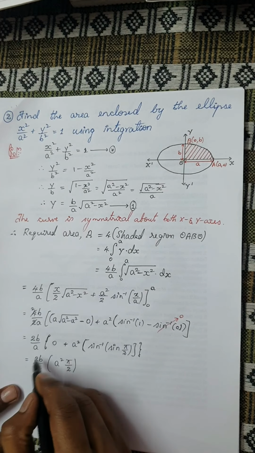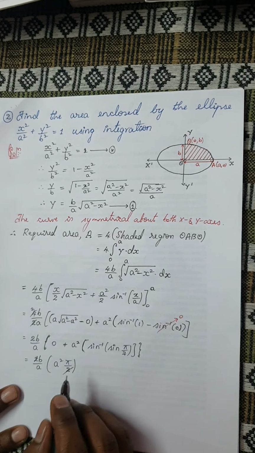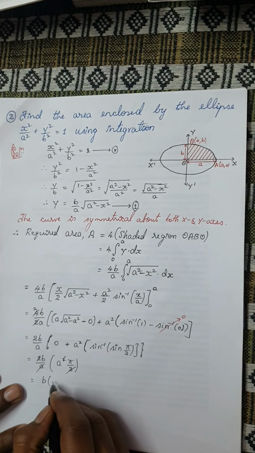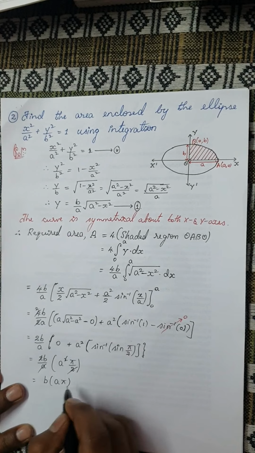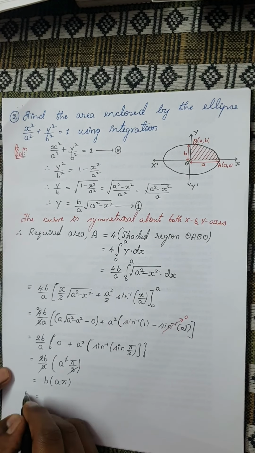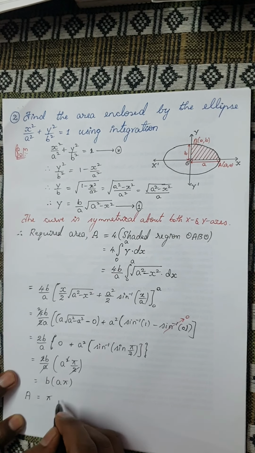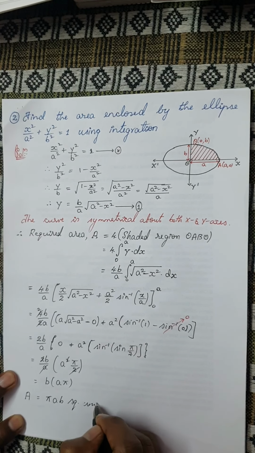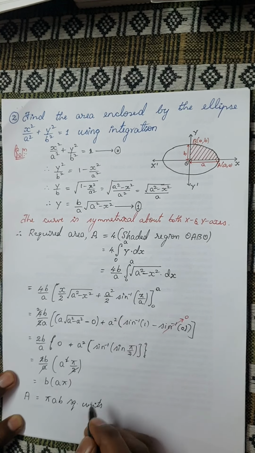Now I can cancel 2 and 2 and 1 a. So I'm just left with b outside and a into pi outside. Therefore, I'll get the required area A equal to pi a b square units. Is it clear?